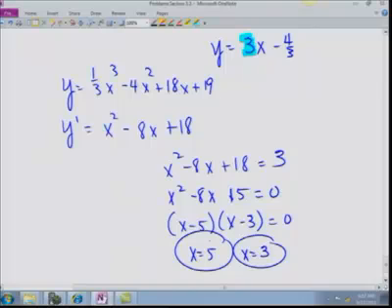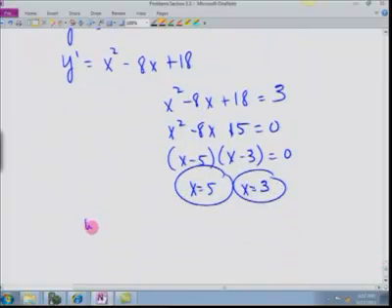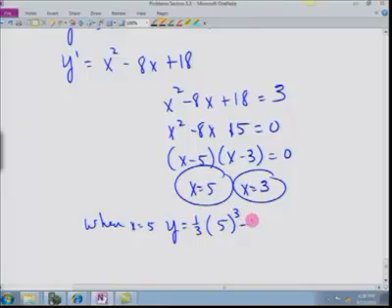Plug those into the original. So we need, when x is 5, then we're going to plug it in. What was that original? Y equals 1/3 5 cubed minus 4 times 5 squared plus 18 times 5 plus, is it 19? Yeah.